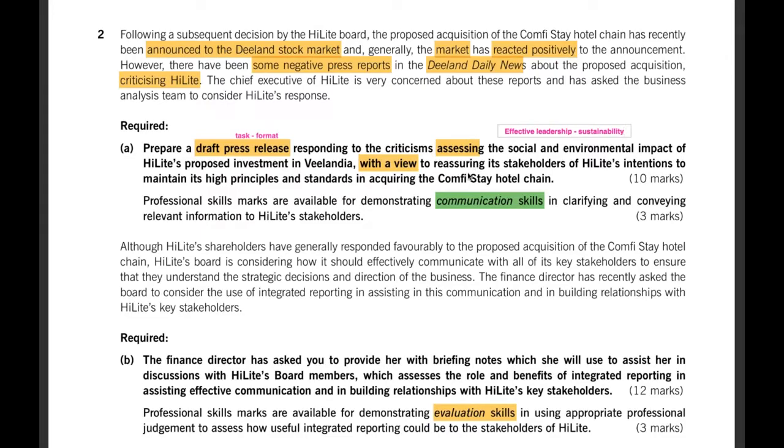So they are giving some reassurance to the stakeholders. You need to read further because before you can answer this, you must know what the issue is, since you are responding to that criticism, and it's related to the social and environmental impact of that investment.